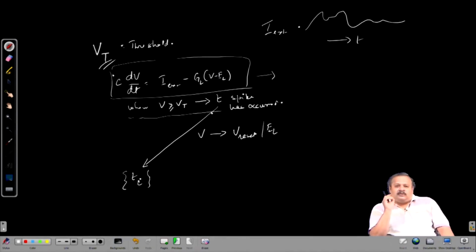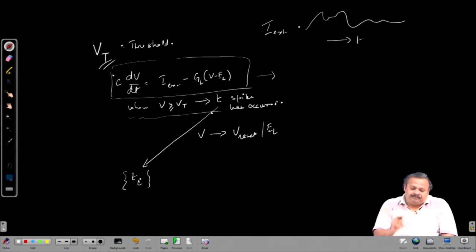We will also see that there is a true threshold Vt. We can prove that there is going to be a true threshold Vt generally for these kind of neurons. We will also show that the action potential is going to be an all or none event.